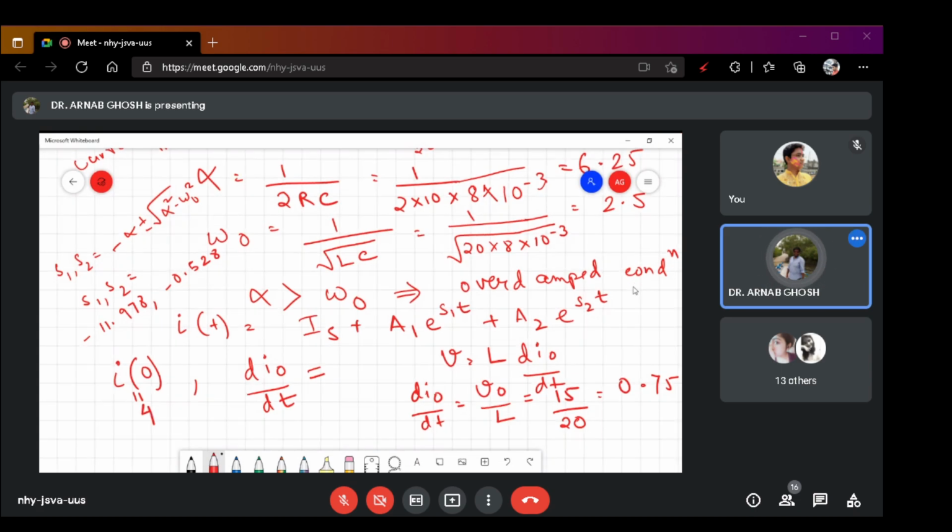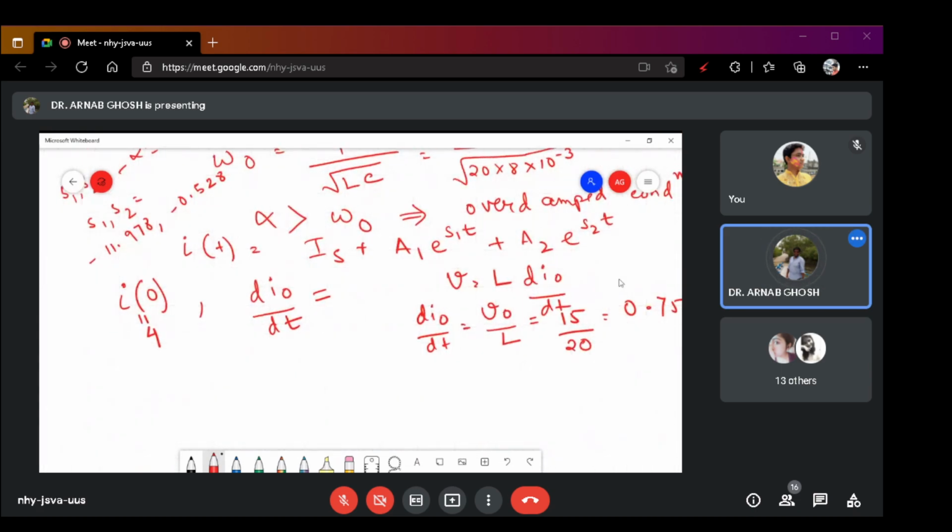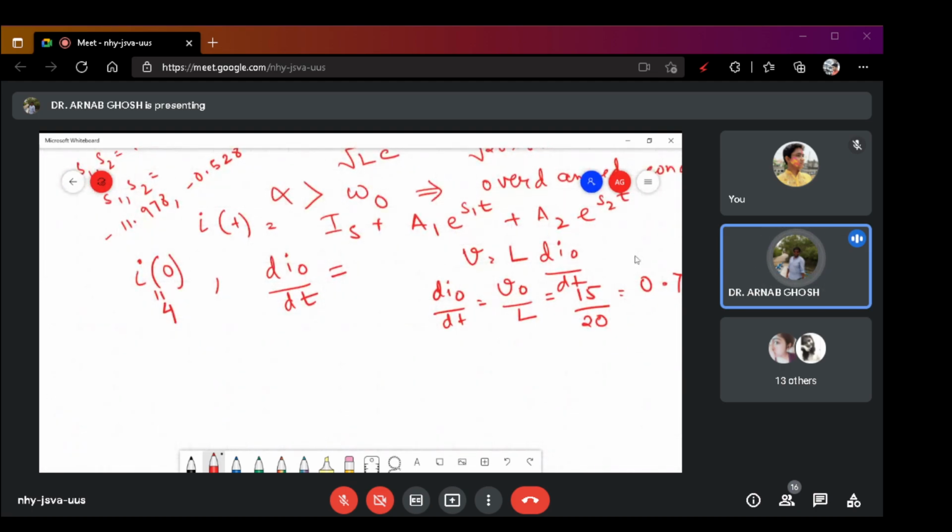So you just put this in the equations. You have i(t) as I_S plus A1 e to the power S1t plus A2 into e to the power S2t. So what is I0? This will be equal to 4. What is the source current?